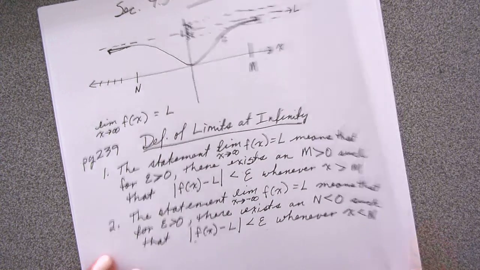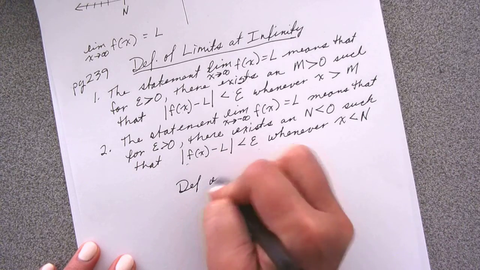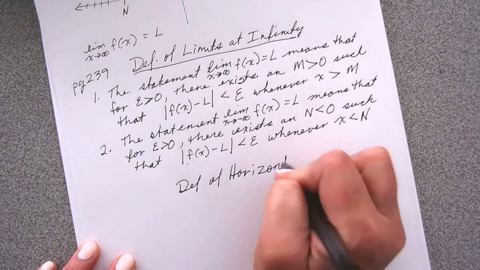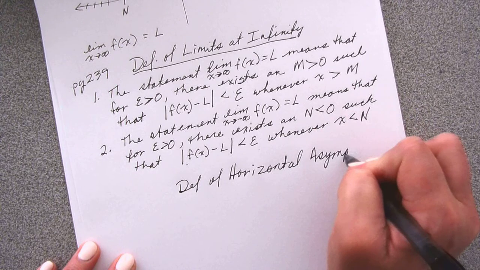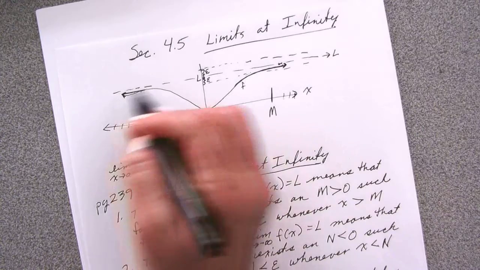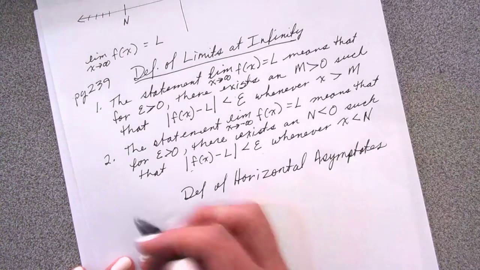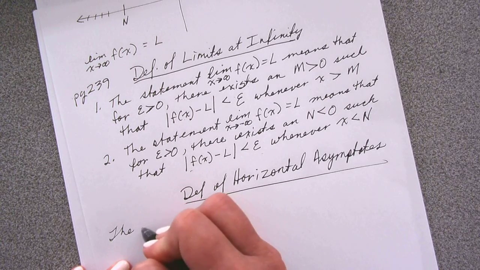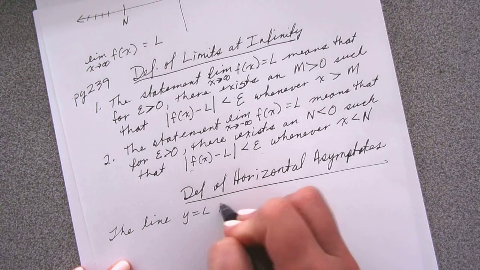We all know what a horizontal asymptote looks like, and we've used them since college algebra and before. So it says the line y equals L is a horizontal asymptote of f when the limit going both directions is equal to L.